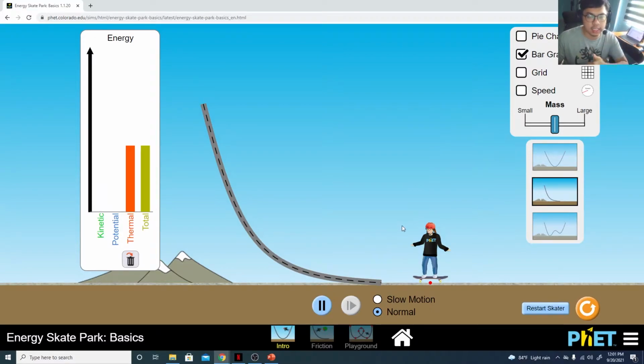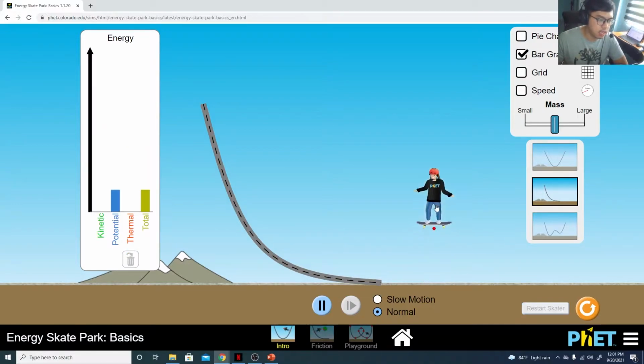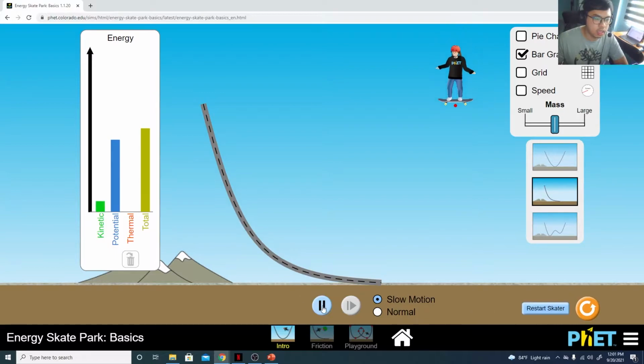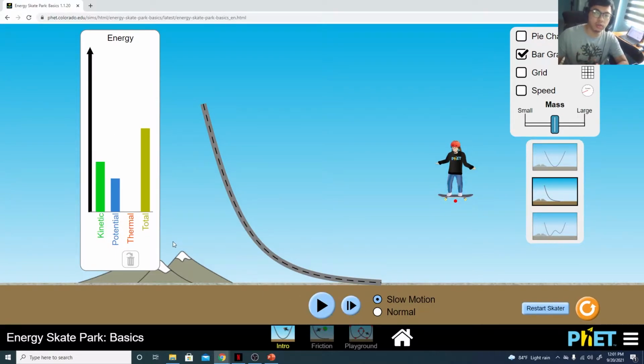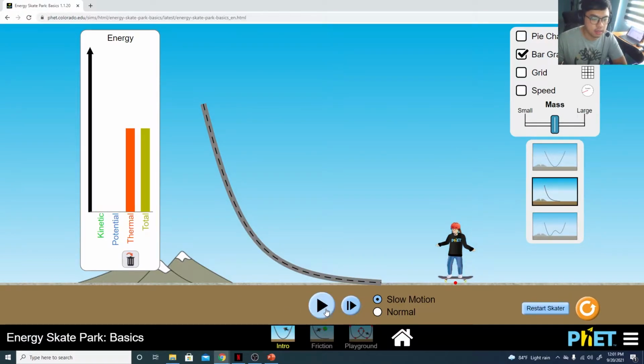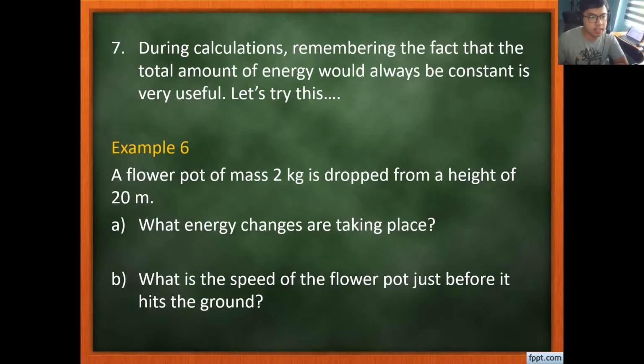And then when she is at the ground, all the energy becomes zero. Okay? But throughout this process, the total energy between these two remains the same. During calculations, remembering the fact that the total amount of energy would always be constant is very useful.